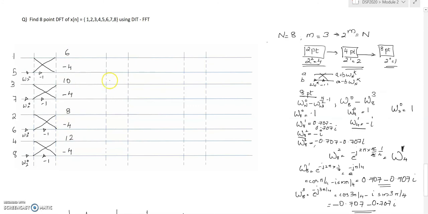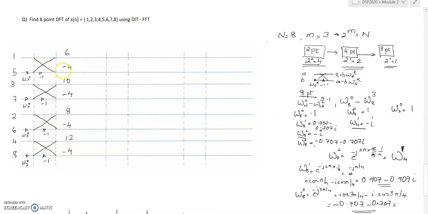Now we have to draw the second stage. And what is the second stage? It is a 4-point DFT which happens 2 times. So if you remember what we did in the previous question for a 4-point DFT, we combine these two to create one 4-point, and then these two will be combined to create the other 4-point.